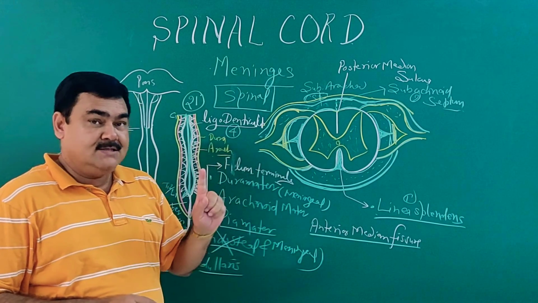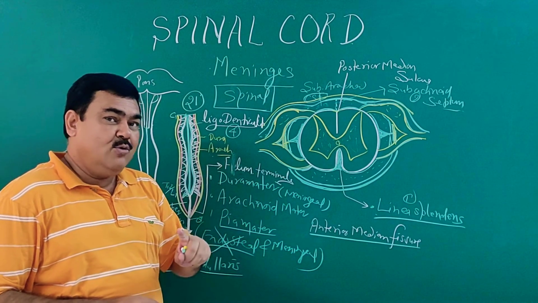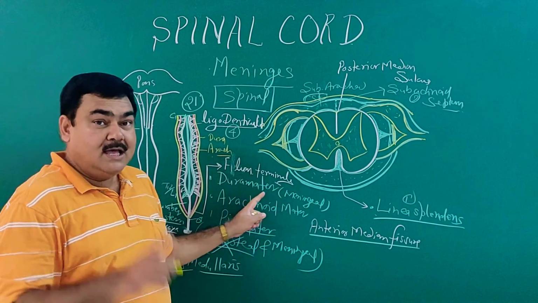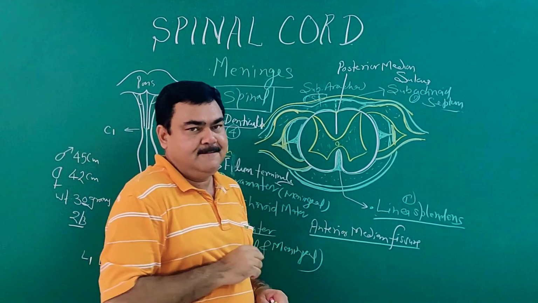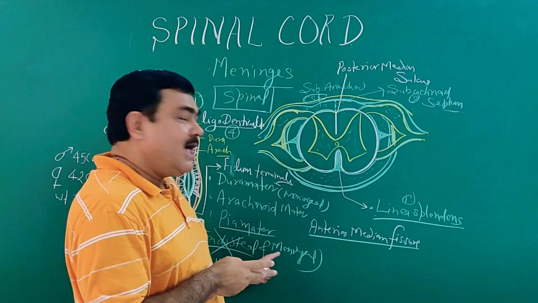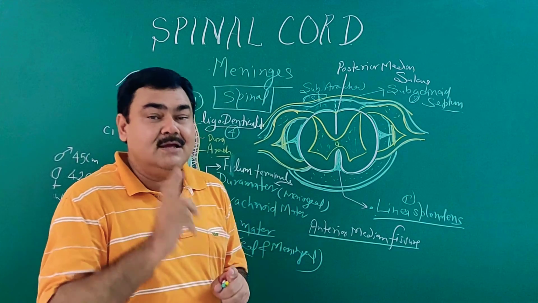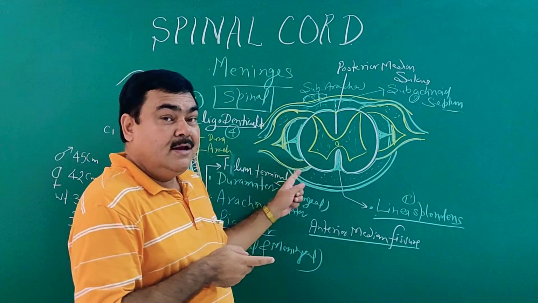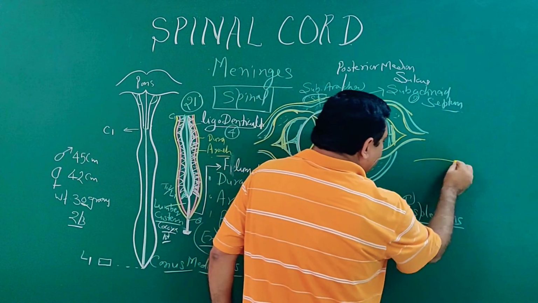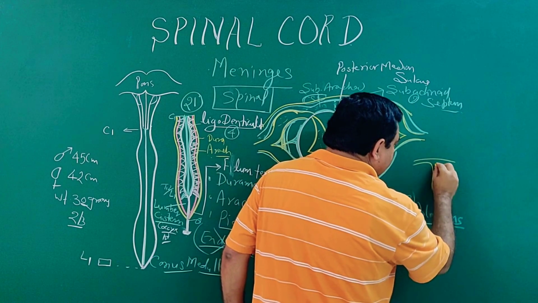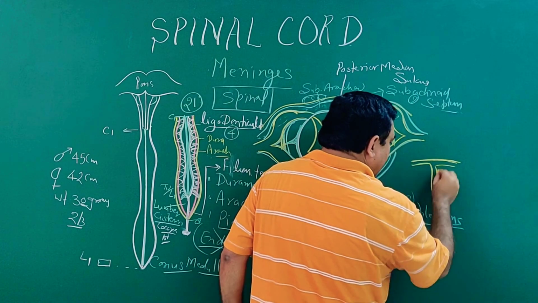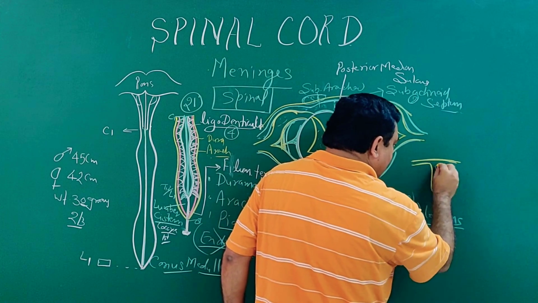And the difference between cranial dura and spinal dura: spinal dura has only one layer, the meningeal layer, and in cranial dura there are 2 layers, the endosteal and meningeal layers. Another thing, in cranial dura the meningeal layer forms folds at some places.